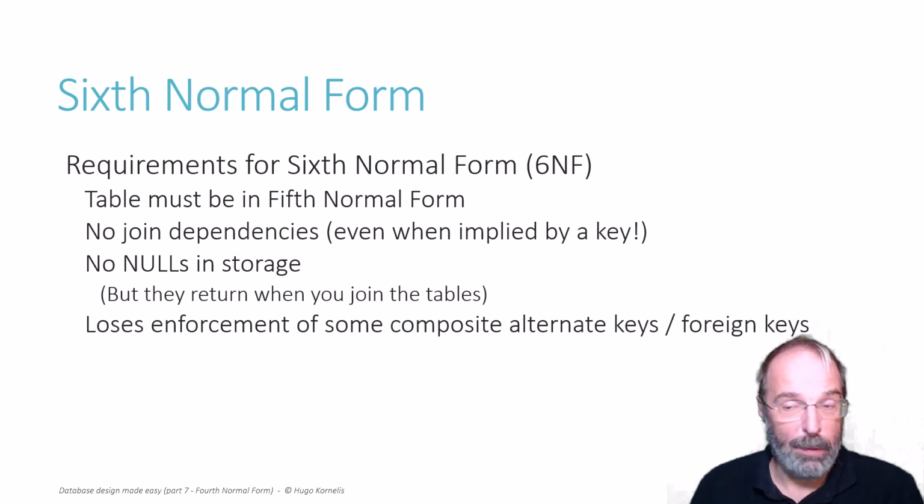If you use some experimental other system, then you will probably have to deal with their way of handling missing data. And to me, the biggest downside of sixth normal form is that you lose the enforcement of some composite alternate keys or composite foreign keys, which to me is quite a big one.